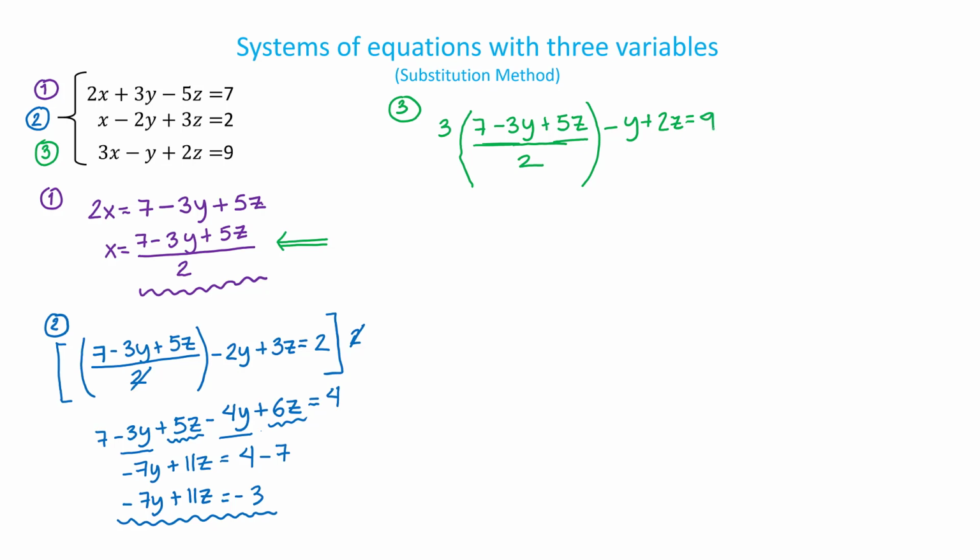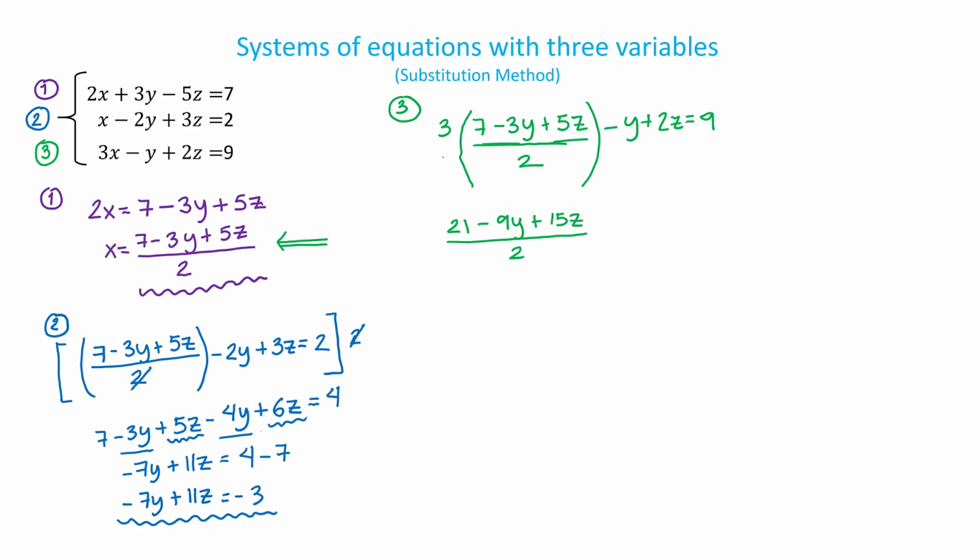Now I am going to multiply 3 times what I have in the parentheses. 3 times 7 is 21, minus 3 times 3y is 9y, plus 3 times 5c is 15c over 2.